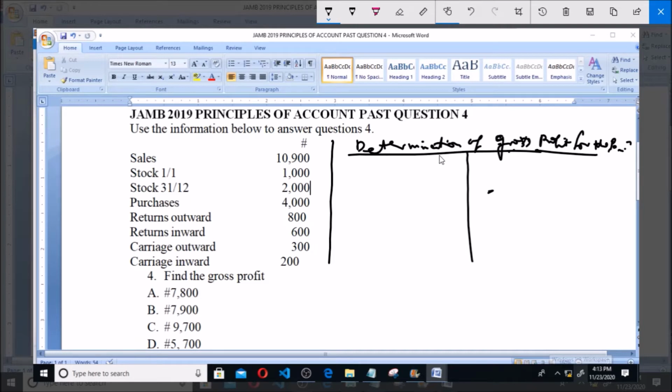This is the debit side, and this is the credit side of the ledger. Each side of the ledger is going to have a Naira sign.